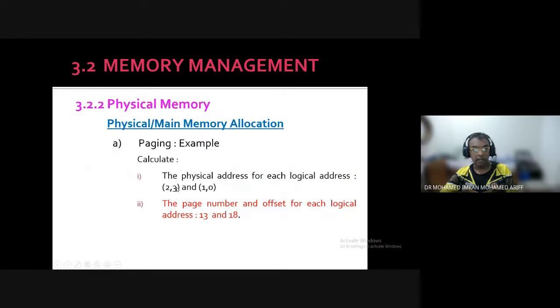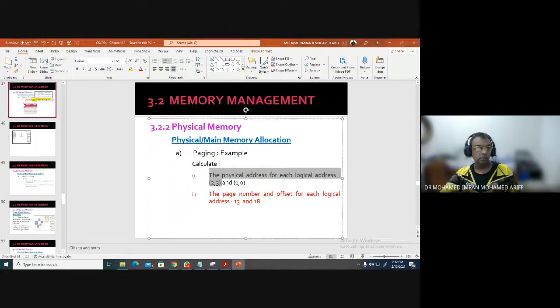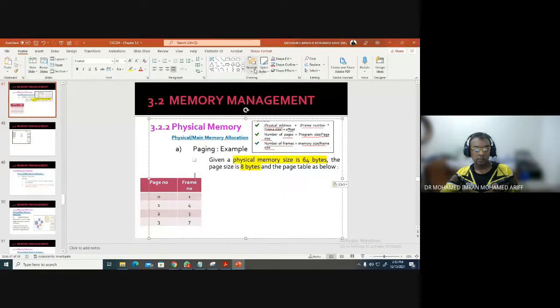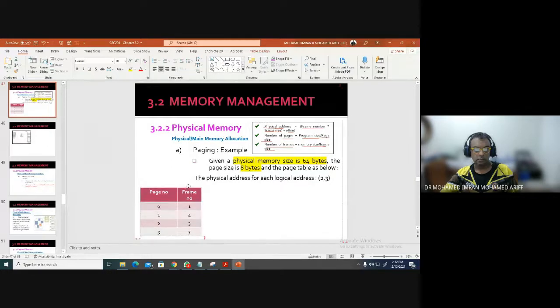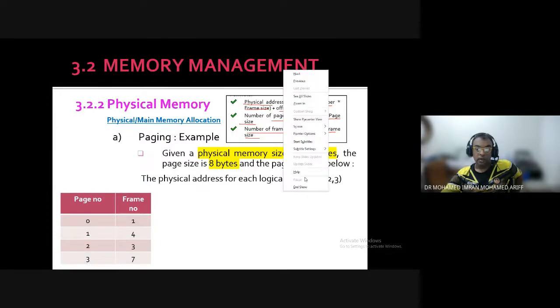So it wants you to find, for each logical address, 23. Okay, so this 23 is the logical address. So now we have to find what is the physical address. And what have we been given? We are given the physical memory size. Okay, so how do we do it?